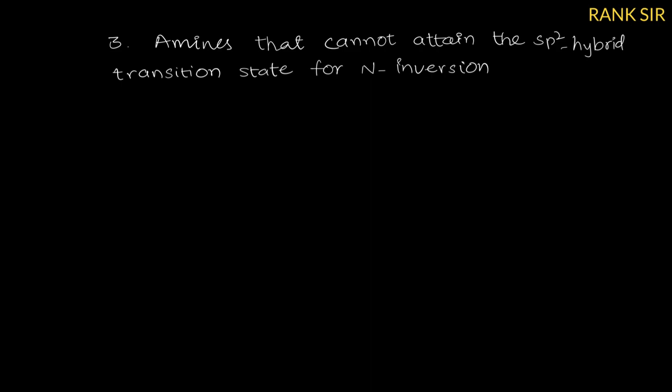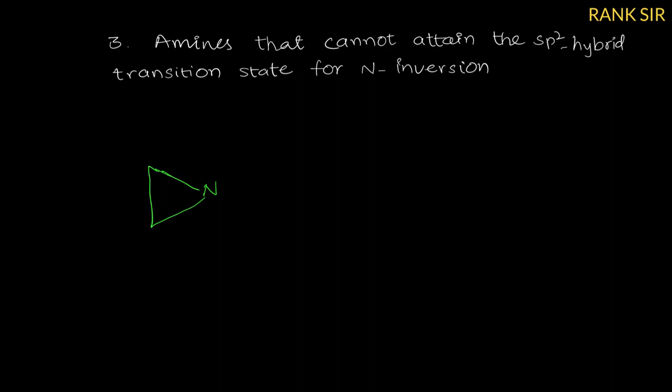That's why we cannot resolve, because they interconvert. Therefore, it should not attain this sp2 hybrid transition state. Generally, it is called no inversion. That's why we can resolve. But what is the condition to resolve this? Based on that, one of the amines is nitrogen present in a smaller ring.